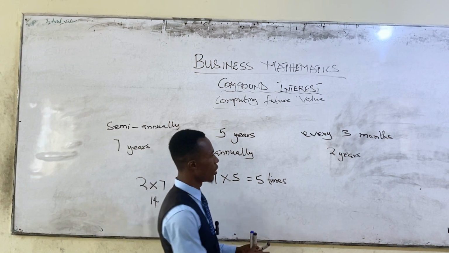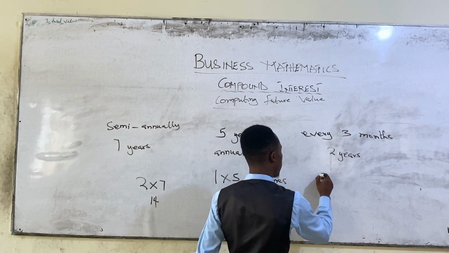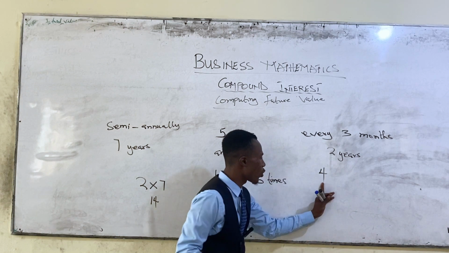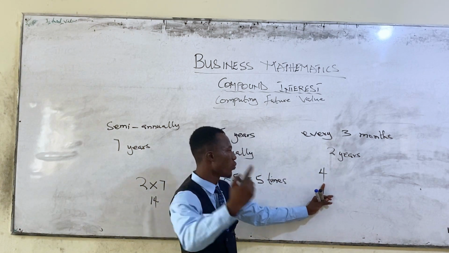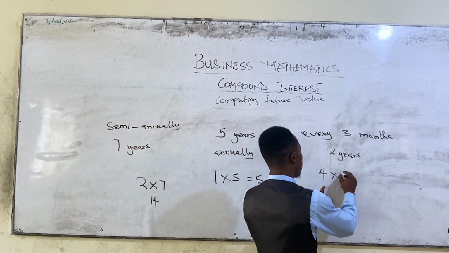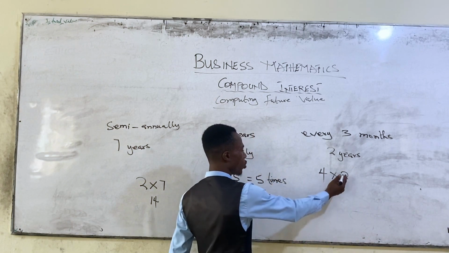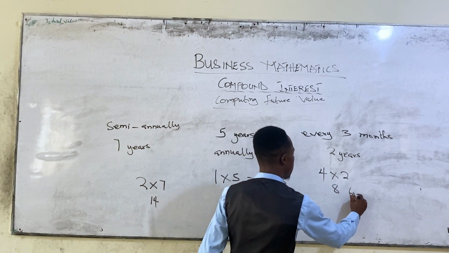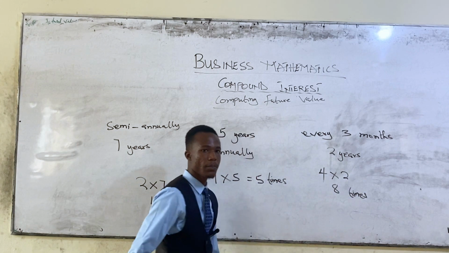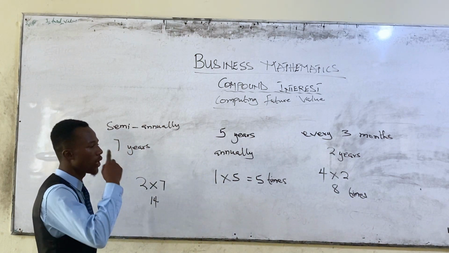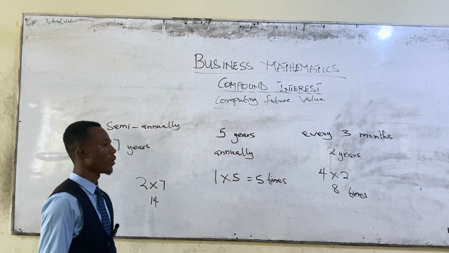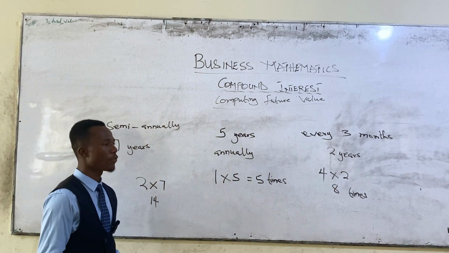Okay. So, we are going to calculate the interest or compound the loan 4 times in a year. Then we multiply it by the number of years we are dealing with. That is 2. So, we are going to get 8 times.